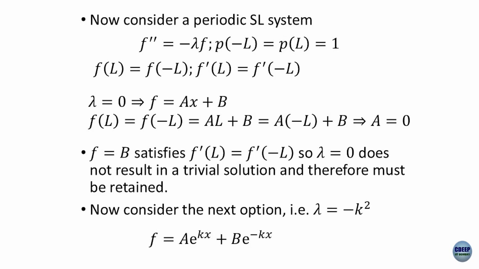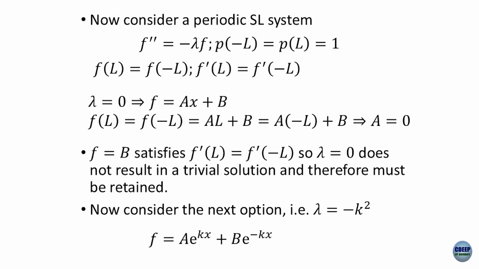And in all of this, we have said that we would look at lambda equal to 0 to start with, and then look at the other eigenvalues. And in everything that we have done so far, lambda equal to 0 was always a trivial solution. But in this particular case, it turns out it is not.